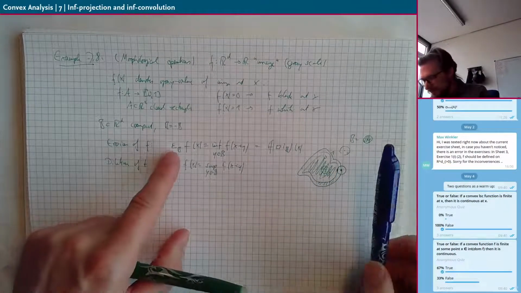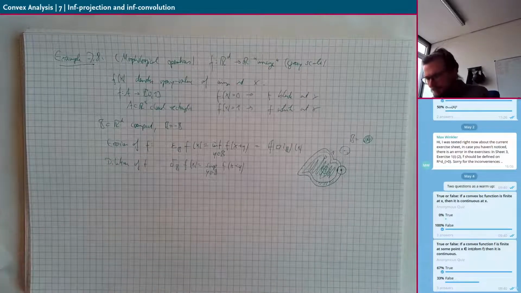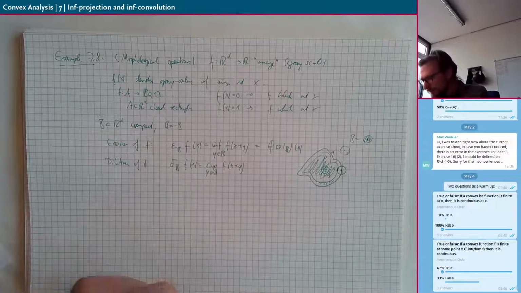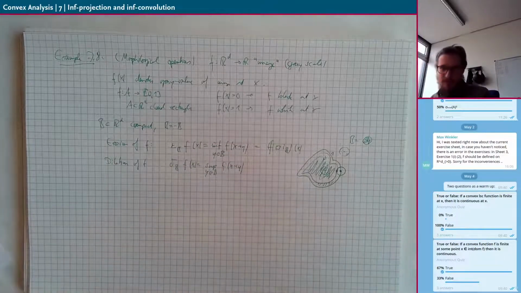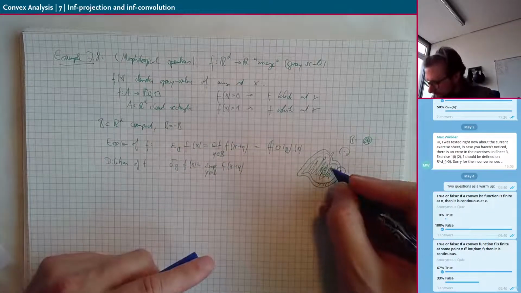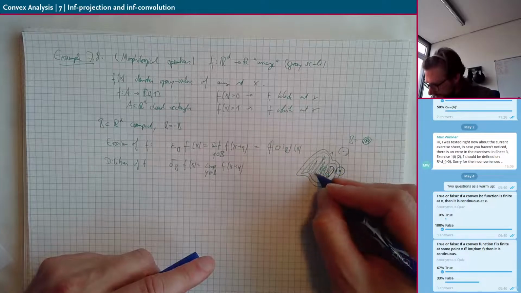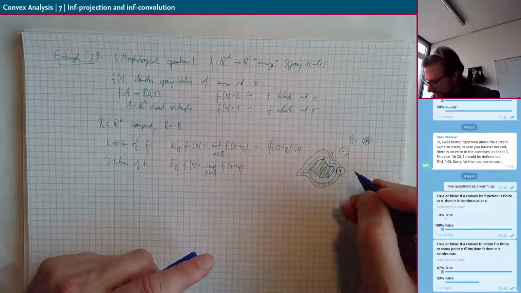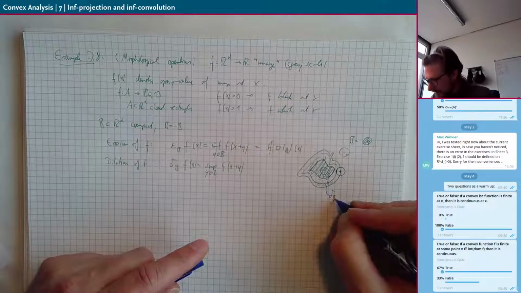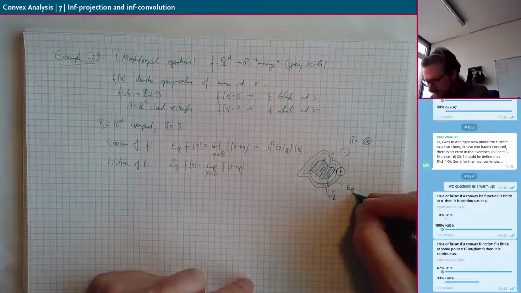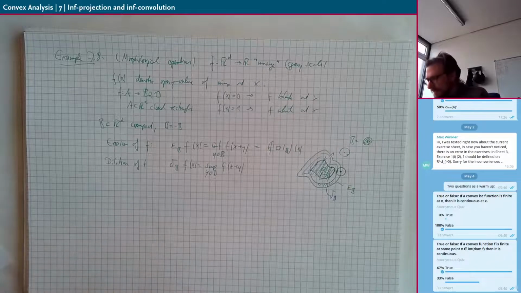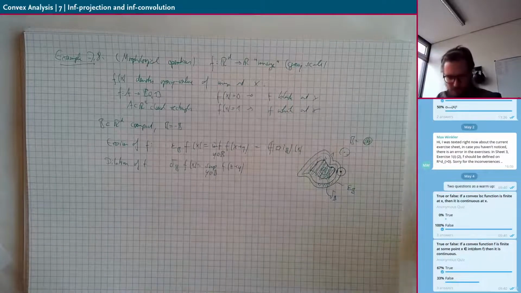While erosion erodes away the white, the dilation erodes away the black. So this here is probably delta_B, and this from the outside is how epsilon_B, the erosion, looks like.